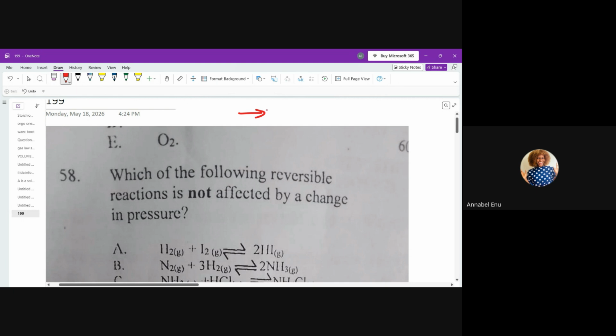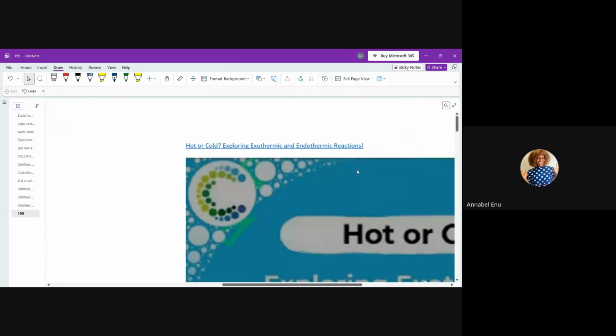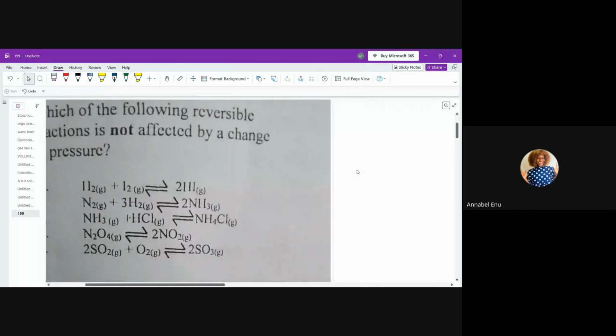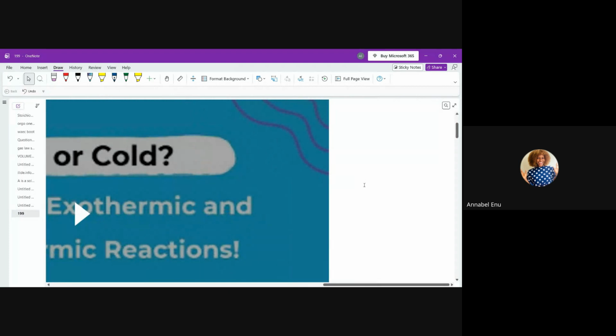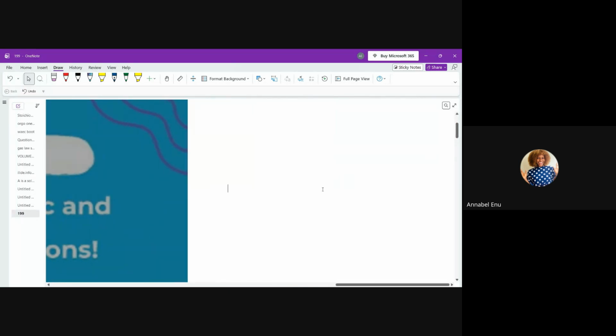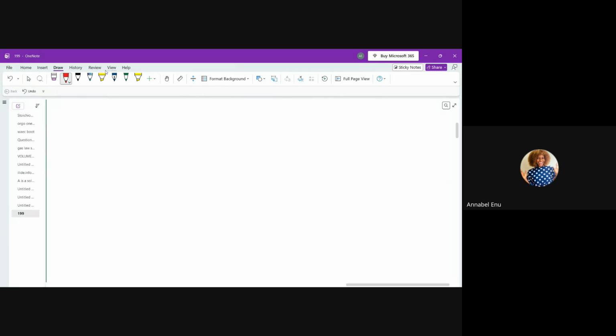For example, the way you get hydrogen iodide as a product is how this reaction can go back to forming hydrogen and iodine.